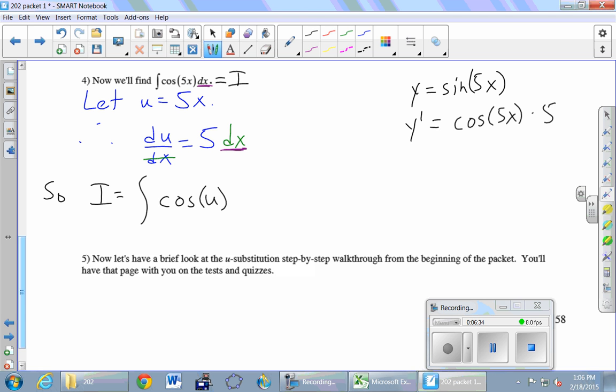And so if I want to change that original dx into something else, all I have to do is solve that blue-green equation for the dx, yeah? Is du over 5. So this guy becomes du over 5 is equal to dx. Du is just the symbol that says the derivative is being taken with respect to u.